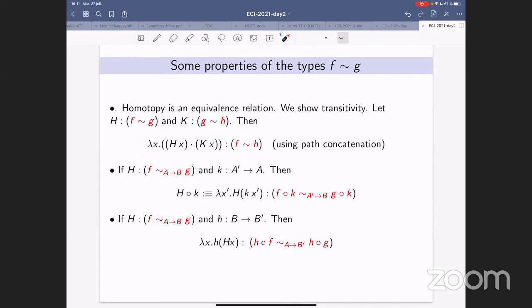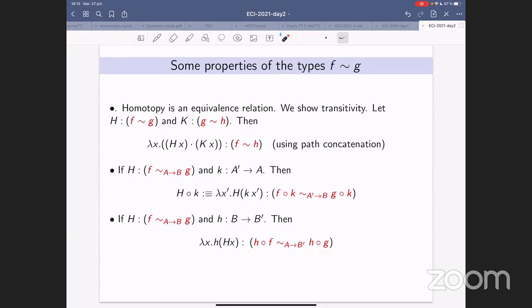Now, with very similar arguments, I'm not going to detail them, we can show that homotopy is a congruence, in the sense that if you post-compose with some k, if F is homotopic to G, then the post-composition of F is homotopic to the post-composition of G with the same k, and the same thing for pre-composition.